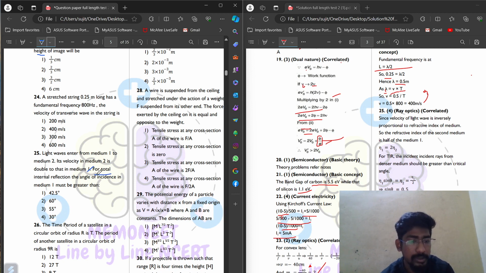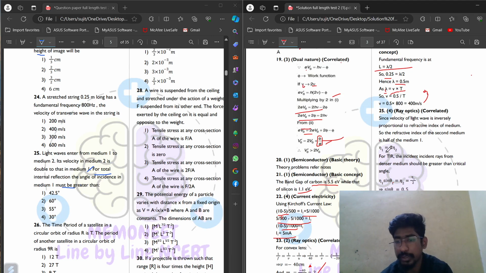For total internal reflection, we have to calculate the value of the angle of incidence, which, as I already told you, will be greater than our critical angle.